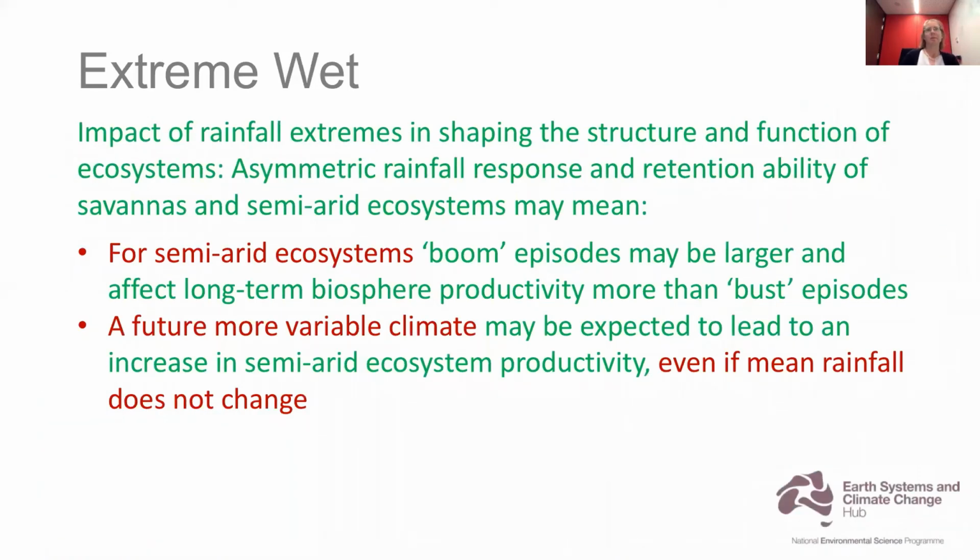So that's all I want to say about the extreme wet events, I think. Basically, the asymmetric rainfall response and the retention ability of the savannas and semi-arid ecosystems may mean that the boom episodes are larger than the bust episodes, and a future more variable climate may be expected to lead to an increase in semi-arid ecosystem productivity, even if the mean rainfall does not change.